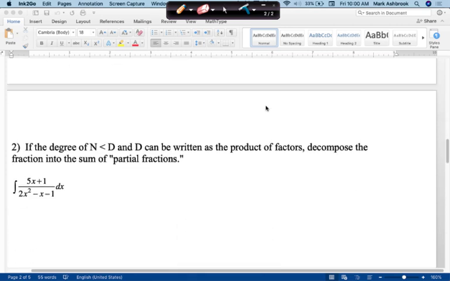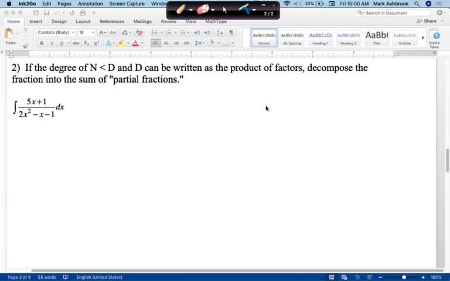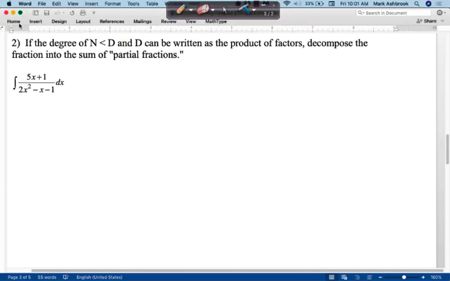All right, so if n is less than d, and we have a rational function: is it one polynomial divided by another? Yes, that's the first qualification. N is less than d now. True? Yes, the degree of the numerator is 1, the degree of the denominator is 2.